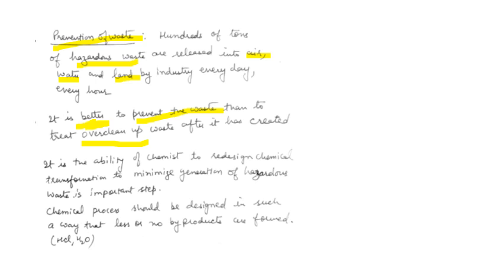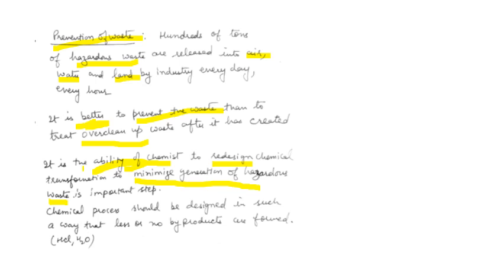It is the ability of a chemist, the chemist should have the responsibility to redesign the chemical transformation. Understood? Redesigning the transformation to minimize the generation of hazardous waste. If such a process is adopted in the industry, then it is the responsibility to redesign the process.